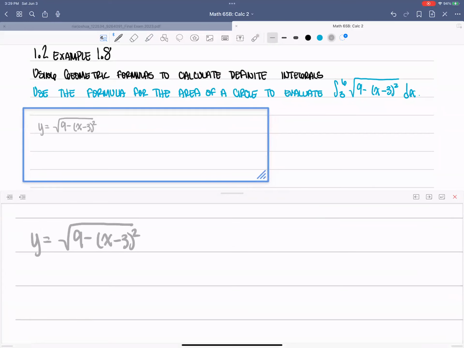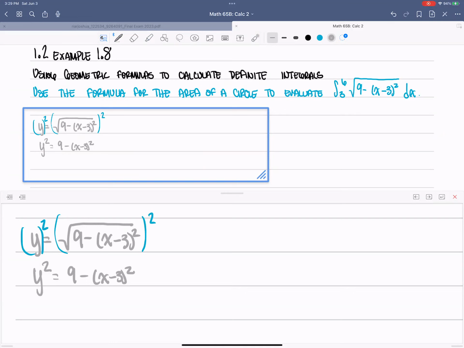In order to make it look a little more like a circle, let's square both sides. So we're left with y squared is equal to 9 minus (x minus 3) squared. Let's get anything with a variable over to the left side.